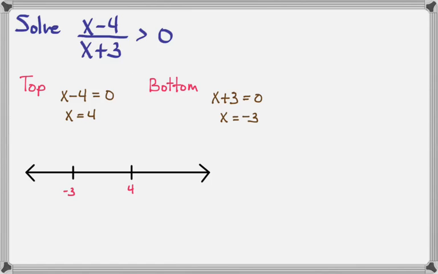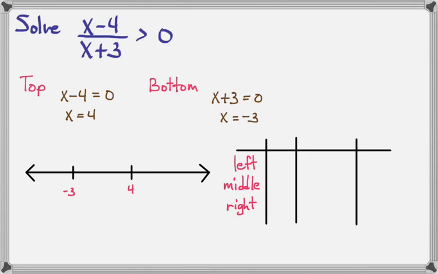So just like we did in the last lesson, we're going to lay out our number line with negative 3 and positive 4. And we're going to make the same table we made before, where we choose a representative from the left, from the middle, and from the right. And we're going to test them in our inequality.